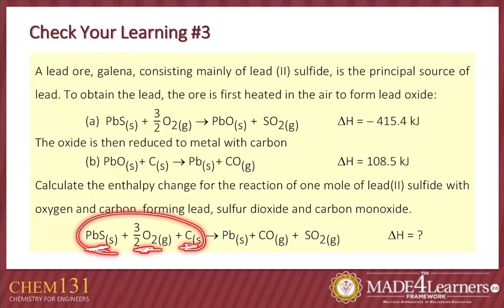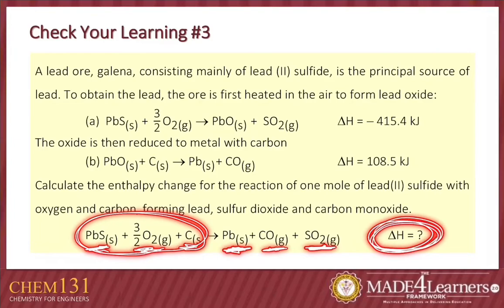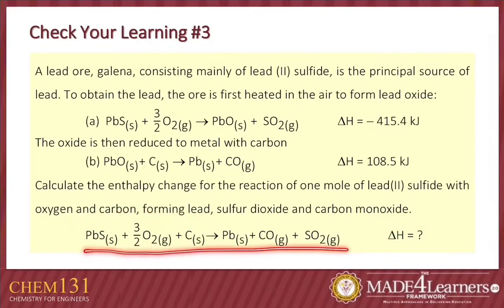And when these three react, they produce lead metal, carbon monoxide, and sulfur dioxide. So, what we will predict is, is this reaction endothermic or exothermic? Is delta H positive or negative? Will it absorb heat or release heat if this reaction happens?